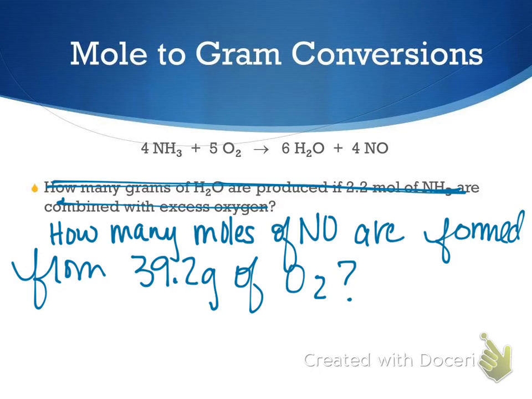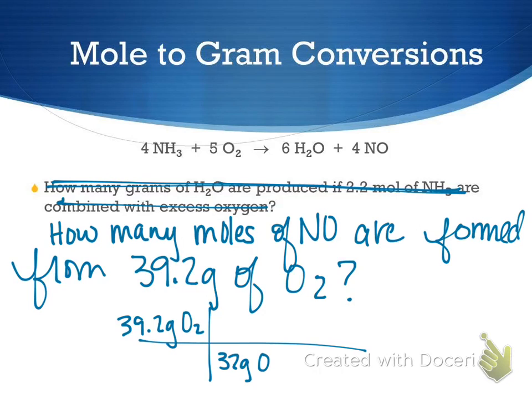So we're still going grams to moles. We still have 3 steps to our T-chart, but this time we're starting with grams of oxygen, and we want to work to moles of nitrogen monoxide. So let's see if we can figure out how to do that. Oops, it's not 6, it's 5.